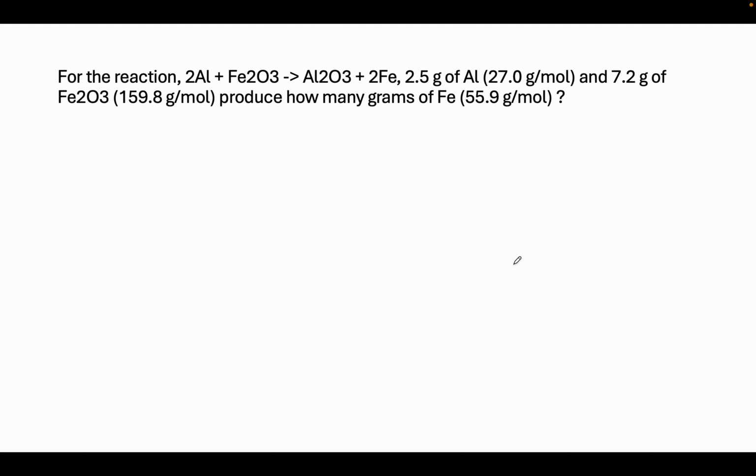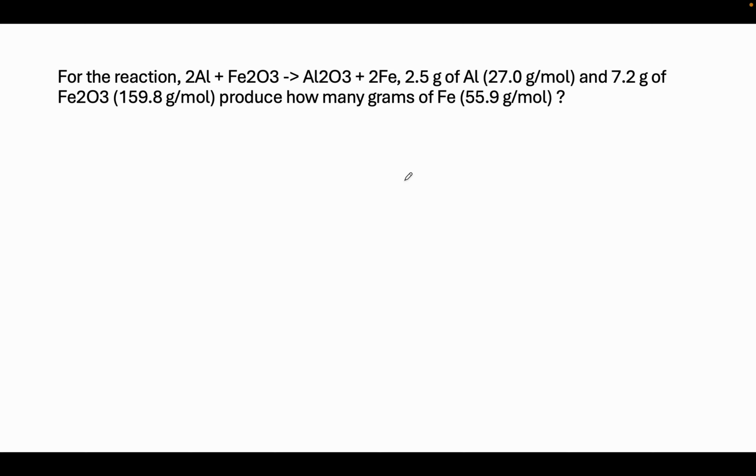Okay. Over here for the reaction, 2 aluminum plus Fe2O3 produces Al2O3 plus 2 Fe, 2.5 grams of aluminum, which weighs 27 grams per mole, and 7.2 grams of Fe2O3, which weighs 159.8 grams per mole, produce how many grams of Fe, which is 55.9 grams per mole?